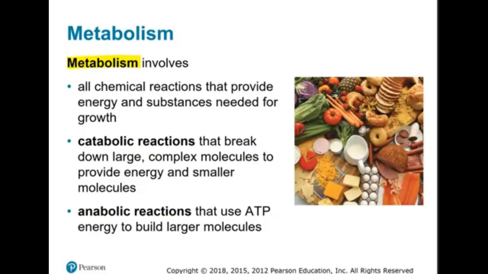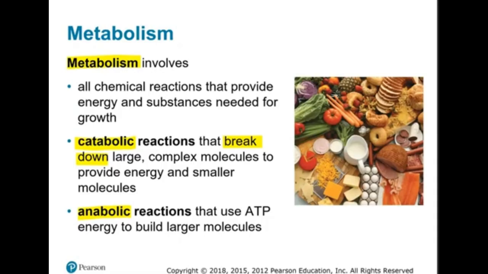Now there are two main types of reactions that participate in the energy exchange, and not only energy exchange, just reactions that exist in the human body: catabolic and anabolic. Catabolic reactions, they break down maybe a large molecule, maybe not so large, but they break down.